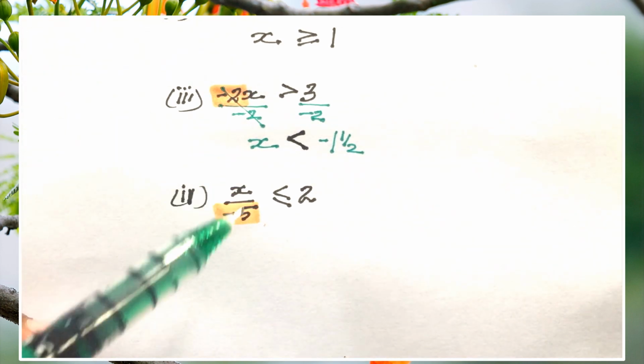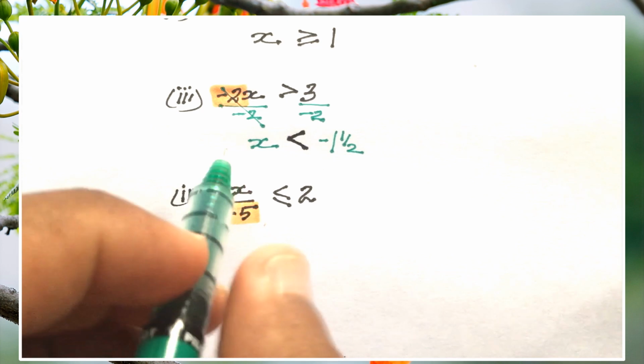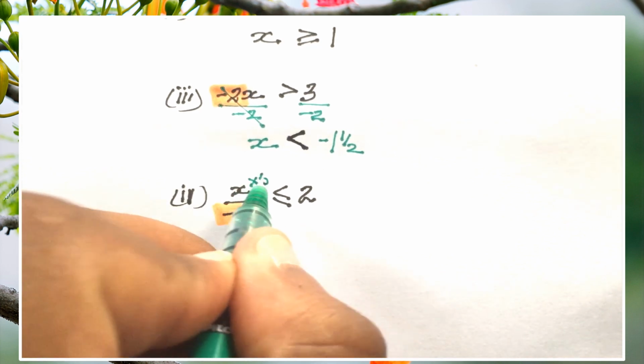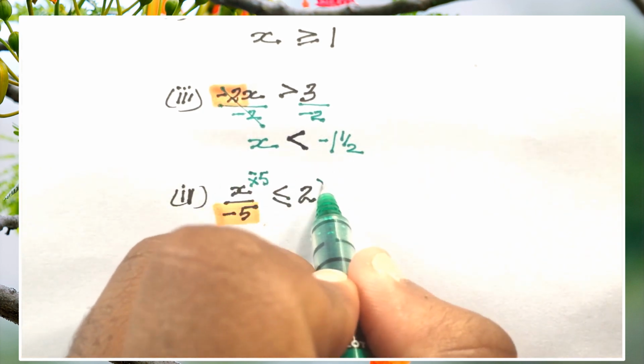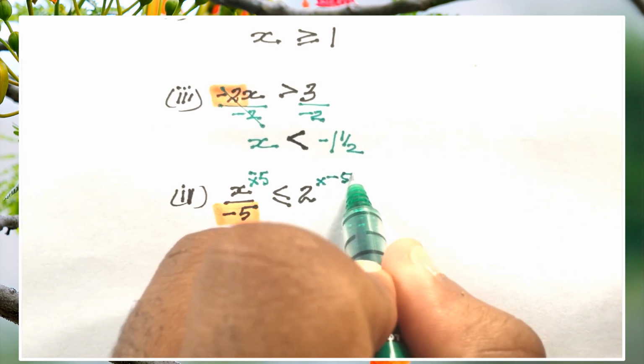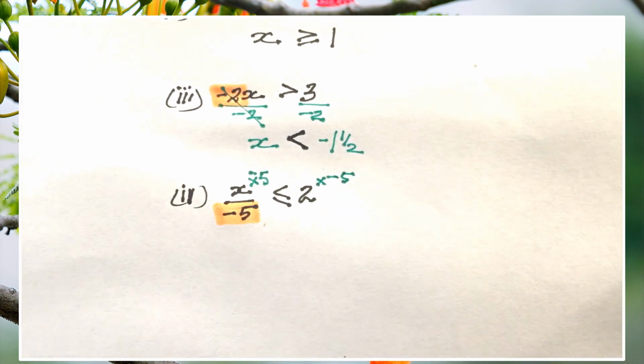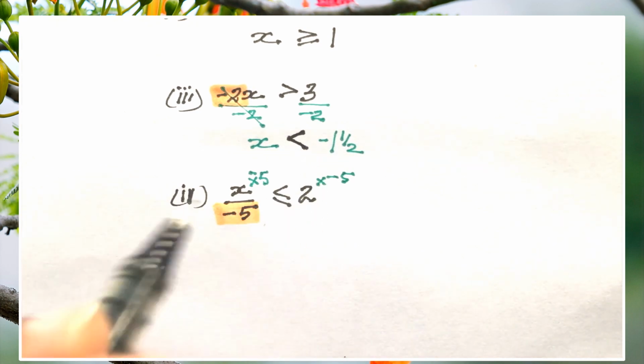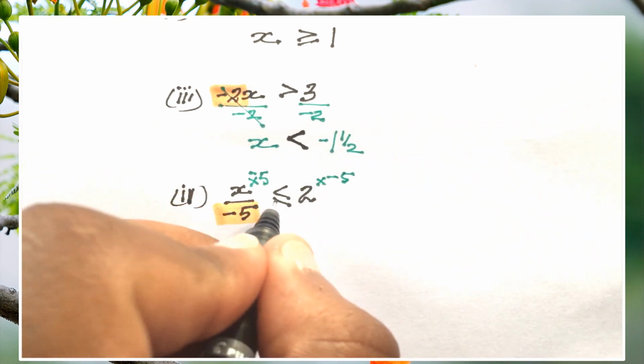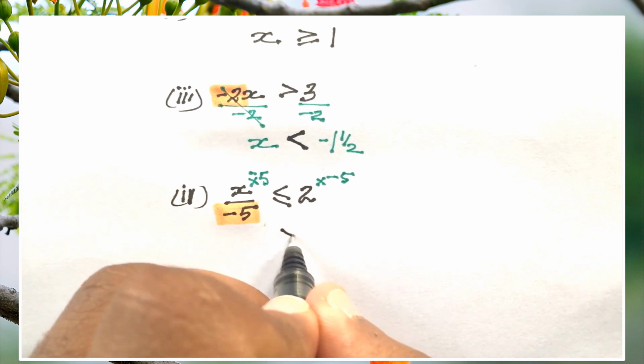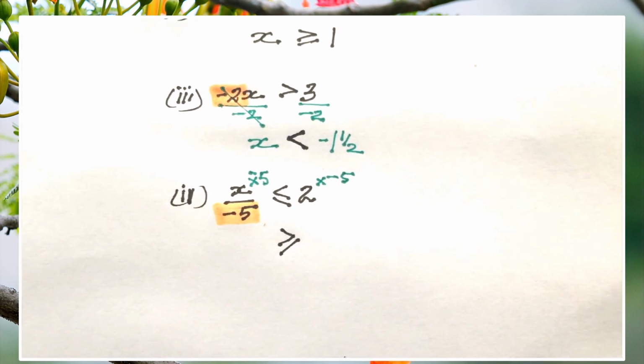So to get rid of this divide by negative 5, we need to multiply both sides by negative 5. And keep in mind that when we are multiplying or dividing by negative, the inequality sign would switch. So instead of less than or equal to, we're going to have greater than or equal to this time.